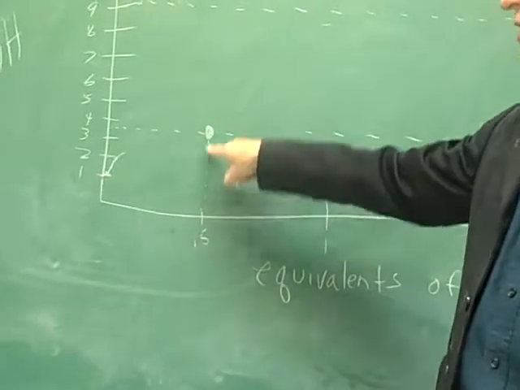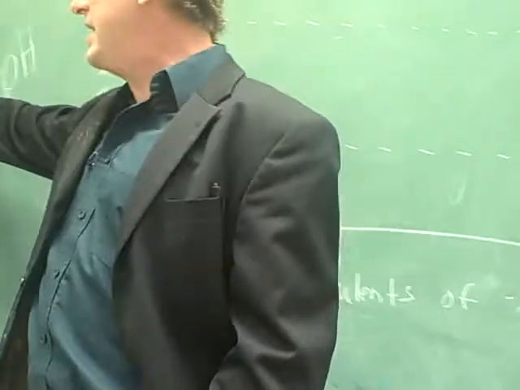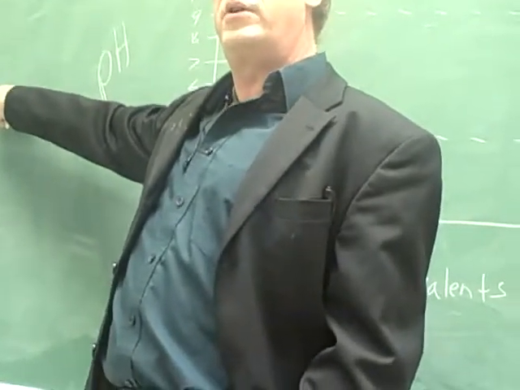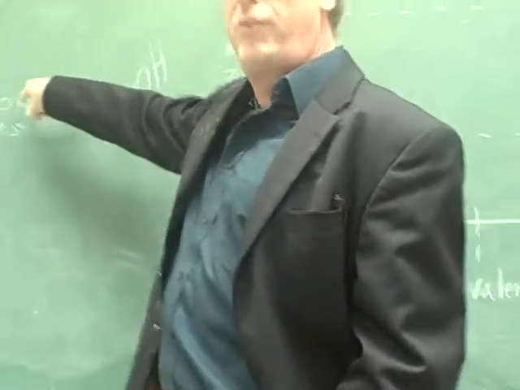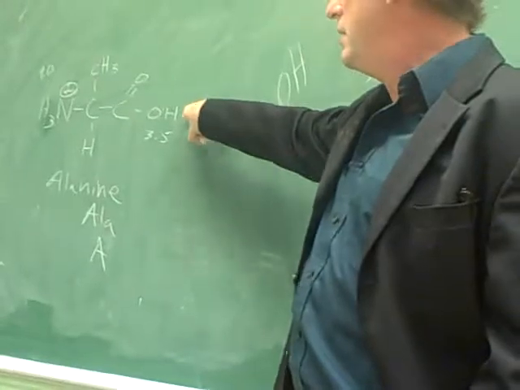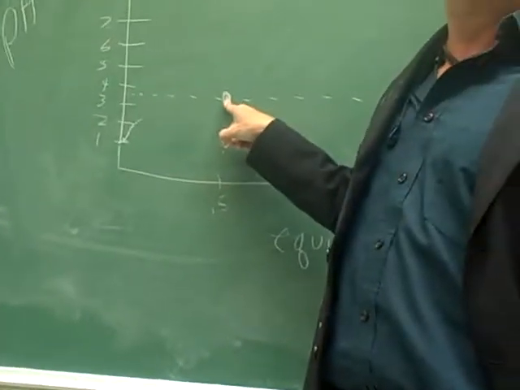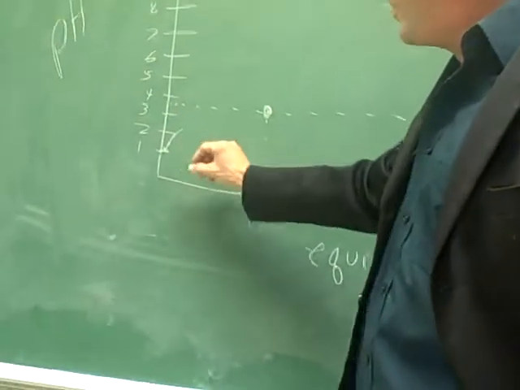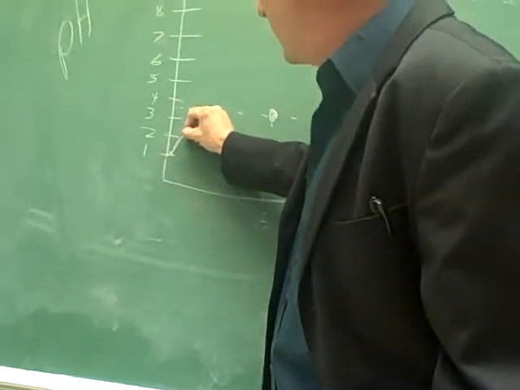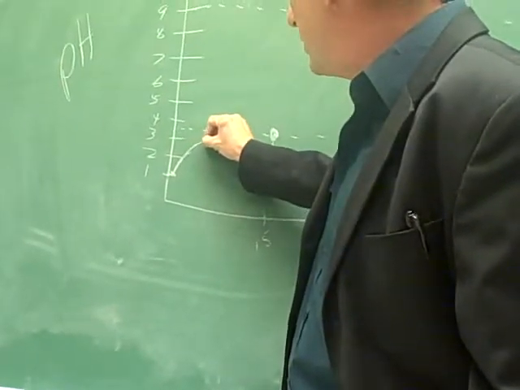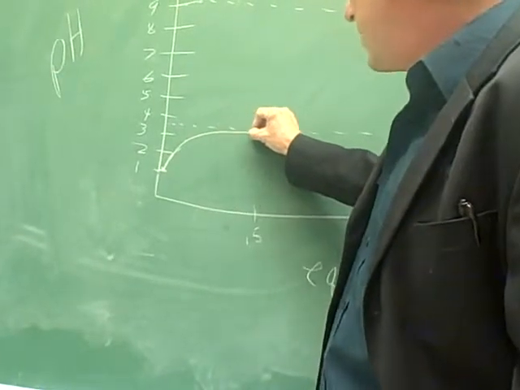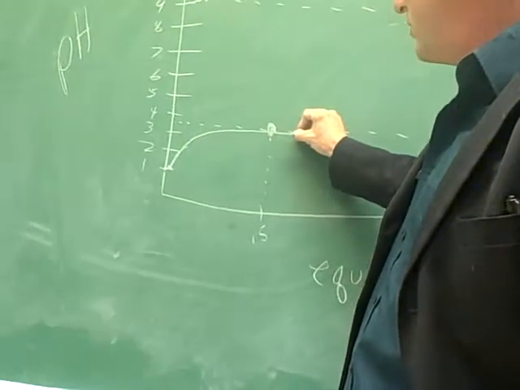At half of an equivalent, I'm going to have taken off half the protons of here. It'll be at its halfway point, half protonated, half not. So that means that the pH is now equal to that pKa. And so when I go to draw my graph, I know that as I get close within 1 pH unit of my pKa, this thing starts to balance out.